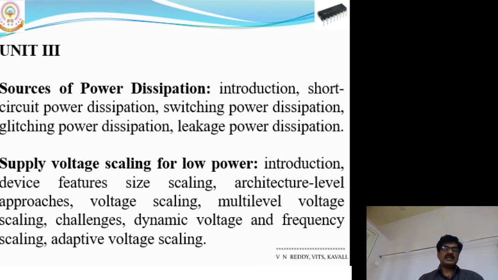This is one of the techniques. Here we can study topics like device feature size scaling, architectural level approaches, multi-level voltage scaling, dynamic voltage and frequency scaling, and also adaptive voltage scaling techniques.